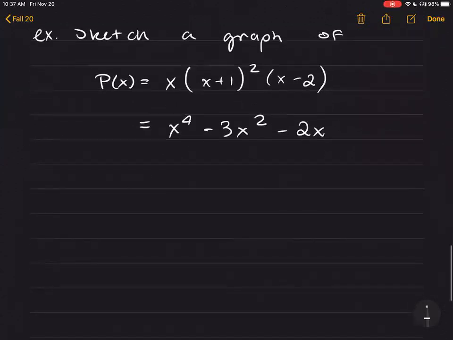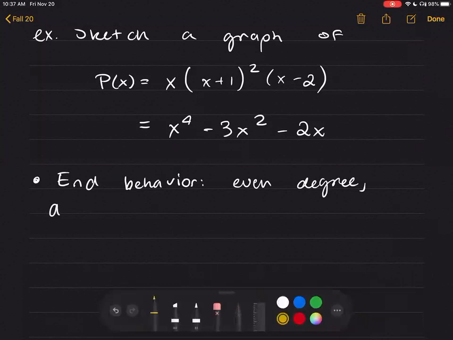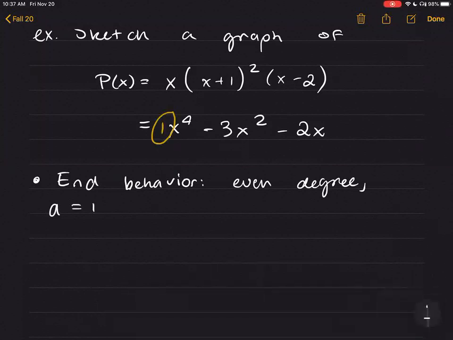So now we can do what we did in the previous video, and look at the end behavior. We've got even degree, and the leading coefficient a is secretly hiding here. It's secretly a 1. A is equal to 1, and that's positive.